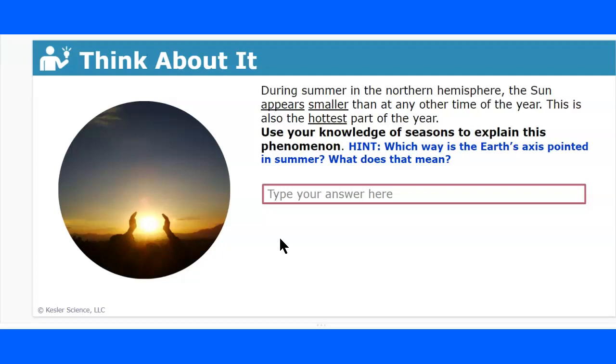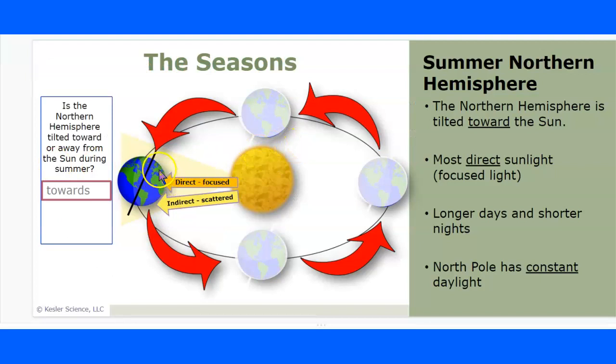Again, it is the hottest part of the year because summer in the northern hemisphere, and let's go back to the summer slide, receives the most direct sunlight. So that's going to be a key.